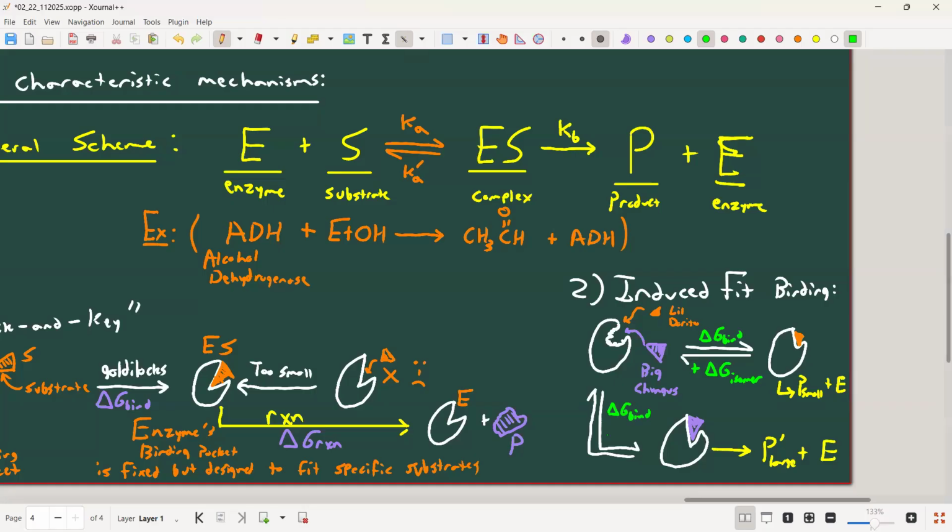Depending on the size of the species, you're going to have a different G binding and a different G isomerization, because this enzyme is appreciably different from this one. They have different structures. Well, they're still the same sequence, but in some sense they move the binding pocket. The energies change a little.